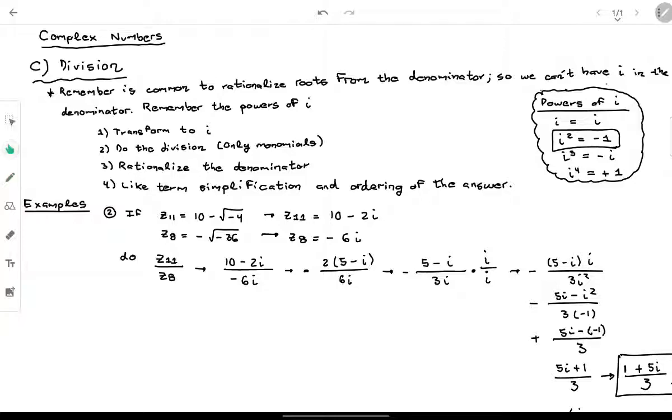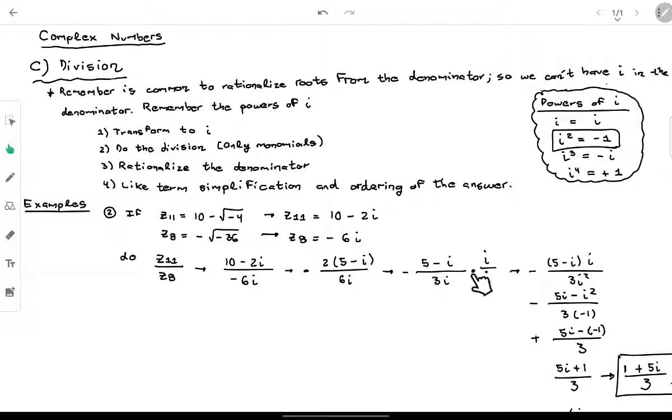So let's check again what we need to do in this case. We have i on the denominator. We cannot have i on the denominator because having an i is like having a root. How do we eliminate the i? If we convert it to i squared, we can change it to a minus 1 and the i will disappear.